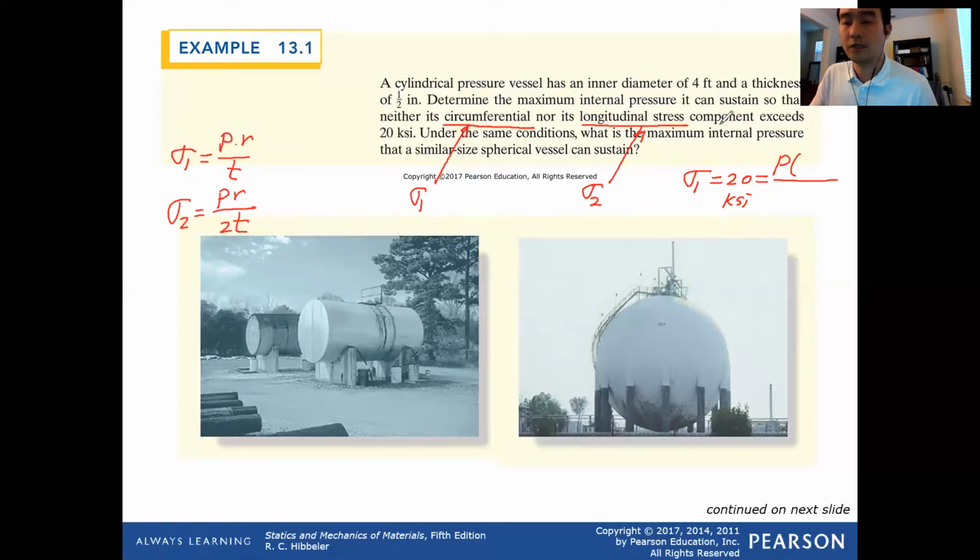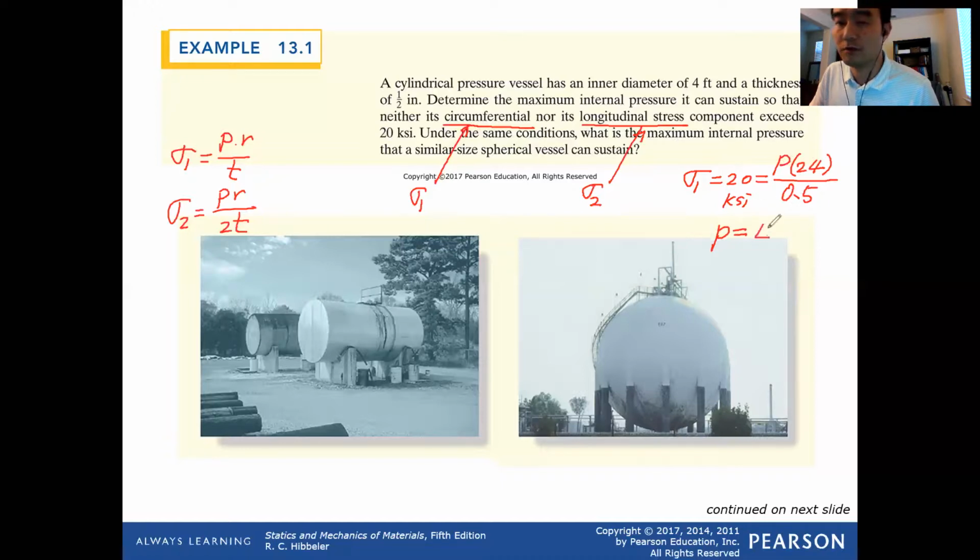When I convert it into inches, it's going to be 24 inches, so it's going to be 24 here. And then the thickness was given as 1/2, so 0.5 here. And when you calculate this, P will be equal to 20 times 0.5 divided by 24, right?